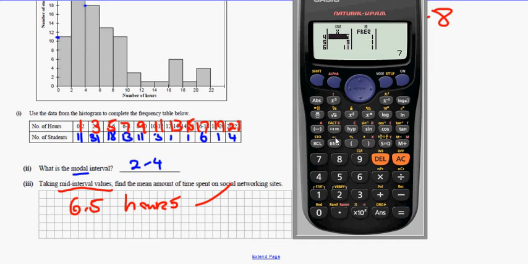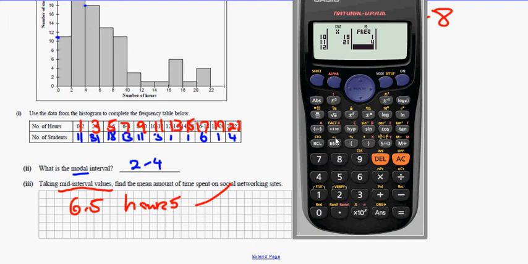Now, the frequency stands for how often does this happen. How many ones do we have? 11. 31 threes. 18. So you start entering in the number of students in the frequency column. Frequency always represents the amount of people that does whatever you're talking about. So 4 people do 21 hours.